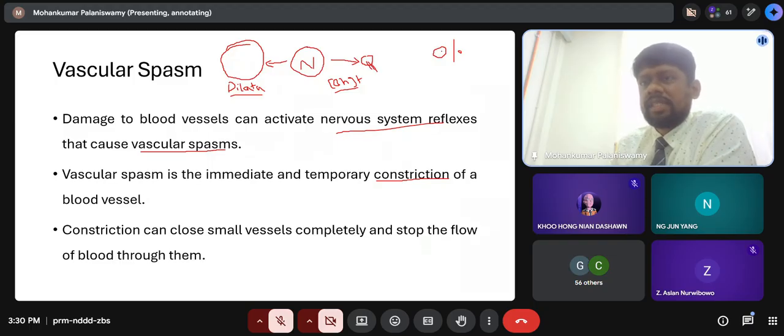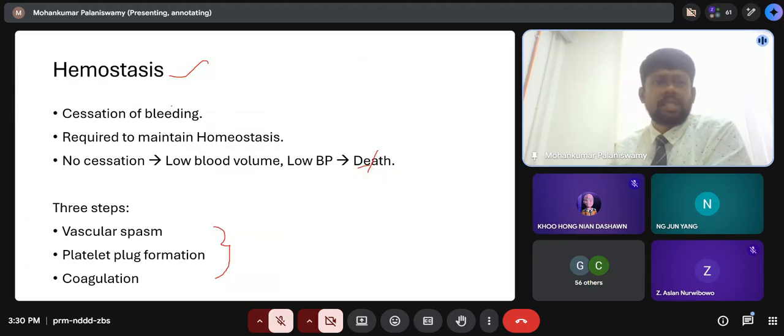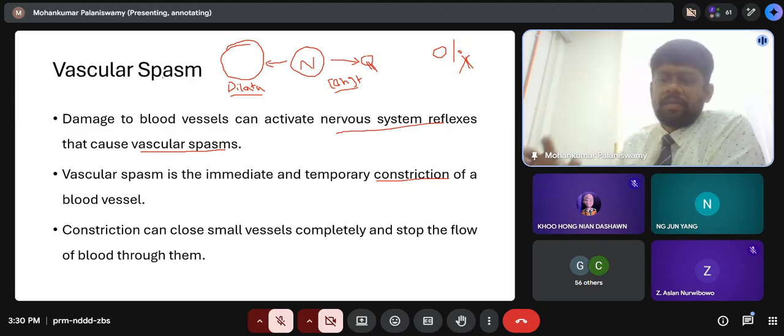But if the blood vessel is very small in the beginning, then after vasoconstriction it becomes tiny, and hence there is no blood flow. So this is the first stage in hemostasis, vascular spasm. That is, the blood vessels go for vasoconstriction.